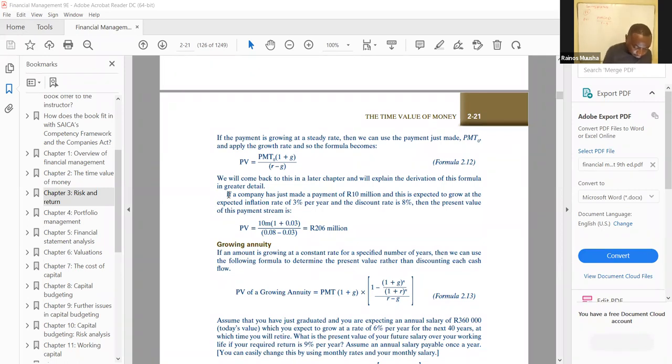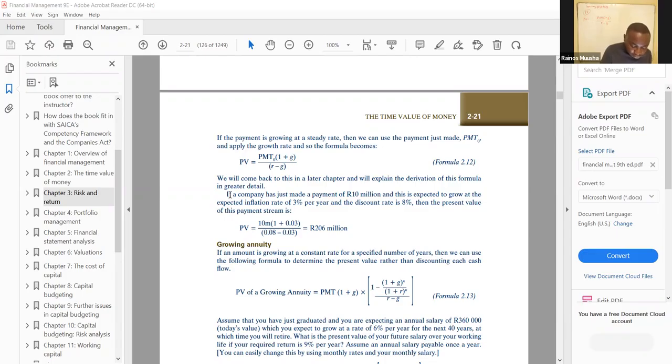They say, if a company has just made a payment of 10 million, and this is expected to grow at the expected inflation rate of 3% per year, and the discount rate is 8%, then the present value of the payment stream is going to be equal to.